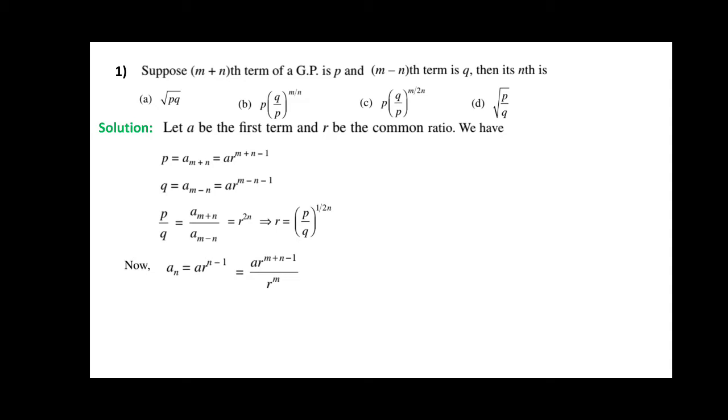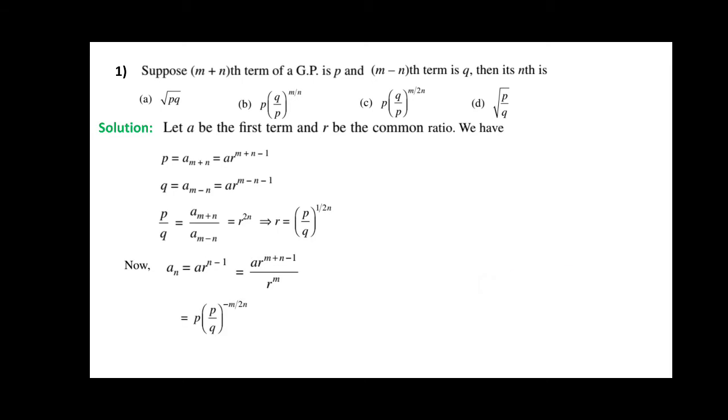Dear students, observe here, I have multiplied and divided by r to the power m. Now let us consider the numerator part, a into r to the power m plus n minus 1, which represents the first equation, so it is equal to p. Therefore we can replace the values here, and r is equal to (p by q) whole to the power 1 by 2n.